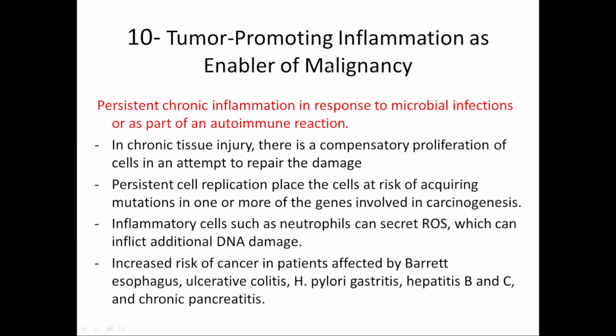آخر شيء tumor-promoting inflammation as enabler of malignancy. الفكرة من هذا كله إنه sometimes prolonged chronic inflammation ممكن يعمل لي tumors، زي مثلا hepatitis B والhepatitis C virus infection. ممكن if they persist for a long time، chronic hepatitis B and C virus ممكن يعملوا لي hepatocellular carcinoma، اللي هو a tumor in the liver due to this chronic inflammation.